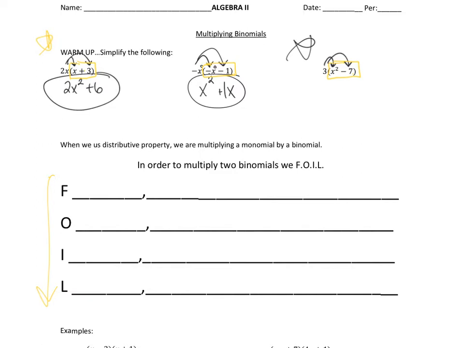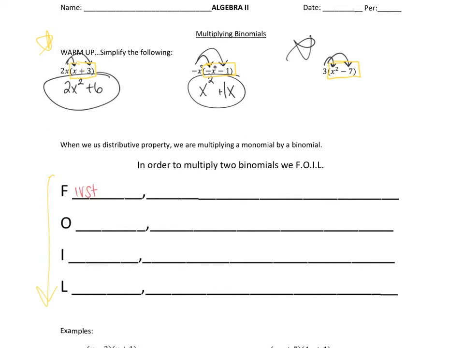The first thing we see, we're going to use the acronym FOIL, okay? FOIL stands for first, outer, inner, and last, okay? So this is important to write down if you have on paper, on your Cami assignment through here, or whatever you may like. We're going to go through the terms and what they mean, okay? So F stands for first, okay?